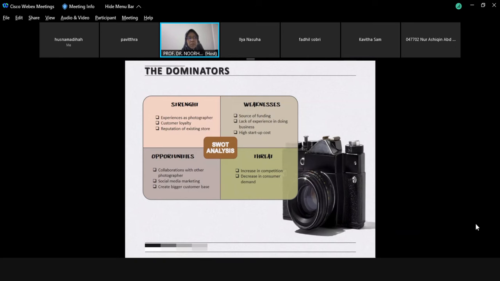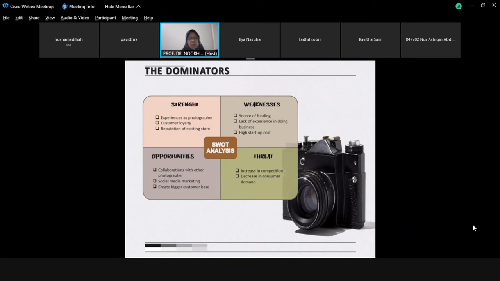Okay, because every industry is unique, every industry is different, every industry has its own strengths and weaknesses. So when doing this, you must base mostly on the company and the industry, because your company belongs to the industry. To see the opportunities, you should look into the industry. To see the threats, you must also look into the industry, because opportunities and threats are outside your company. Outside your company, the most relevant is your industry.